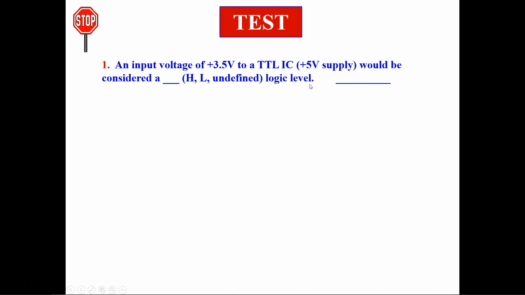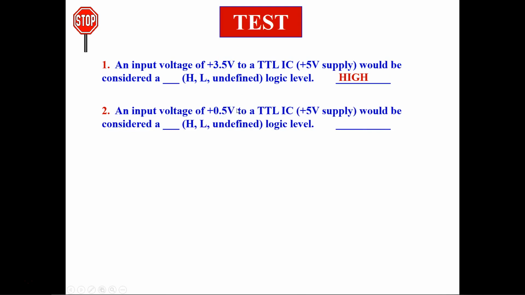You remember for the TTL, the input voltage level on the lower side was 0 to 0.8 volts, and for the high side it is 2 volts to 5 volts. This voltage is 3.5 volts, which means it lies between 2 volts to 5 volts, which is the high logic. So that's why the logic level is going to be high.